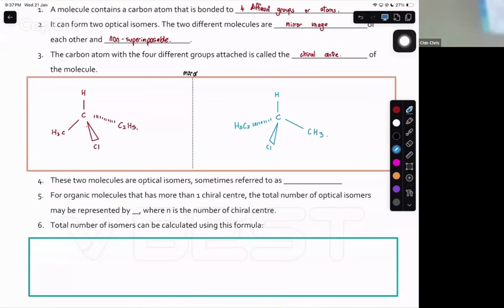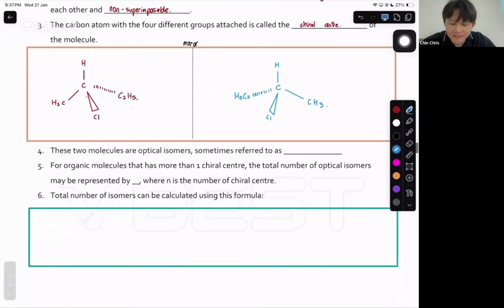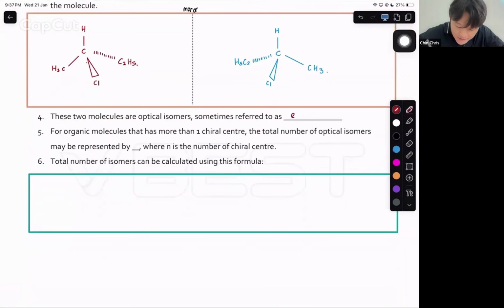Alright guys, give me a second. Thanks. These two molecules are optical isomers, sometimes referred to as enantiomers.